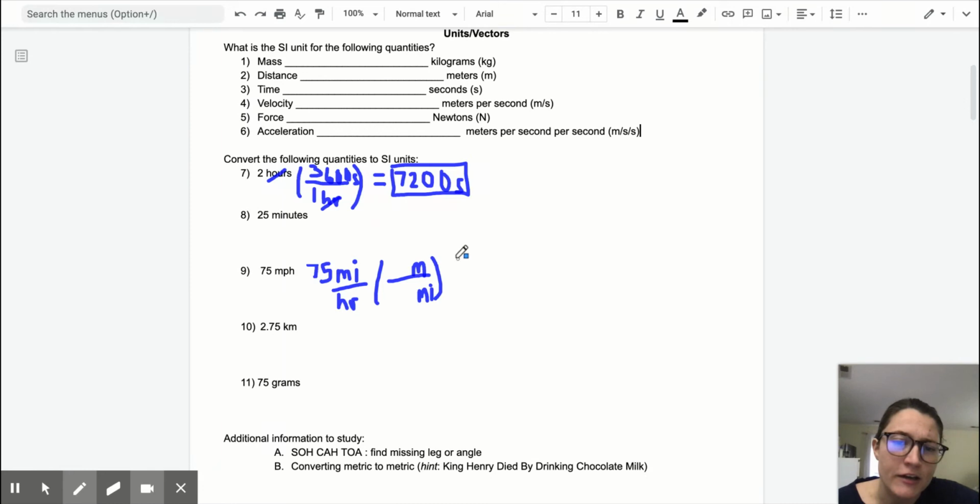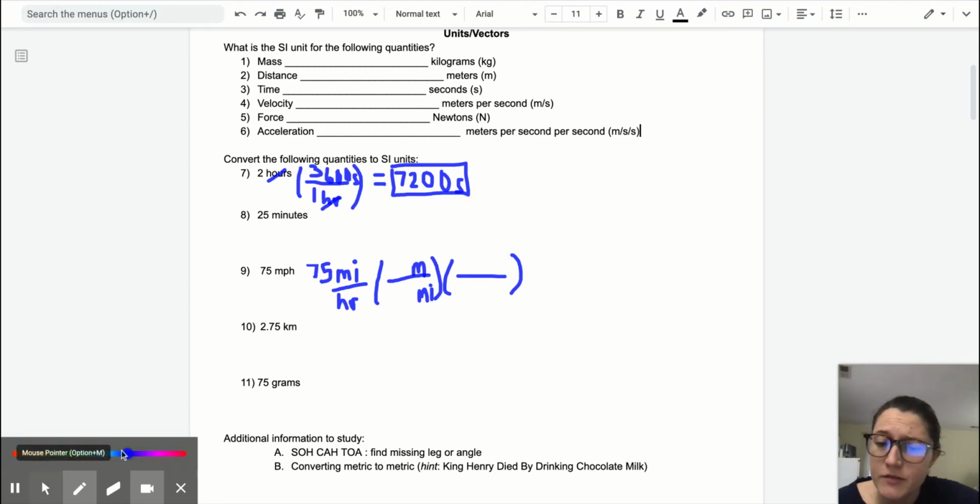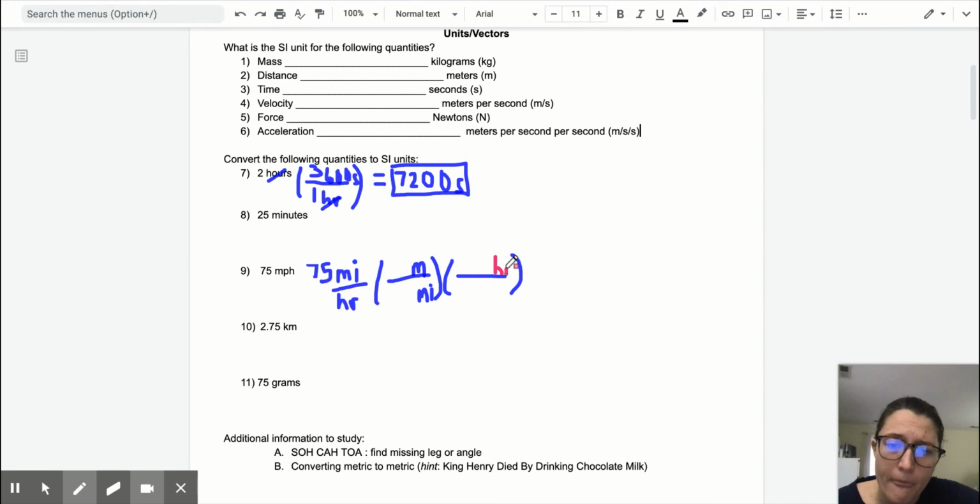Hours is in the denominator, so we're going to need hours in the numerator so that they cancel out. Just going to color code this a little. There we go.